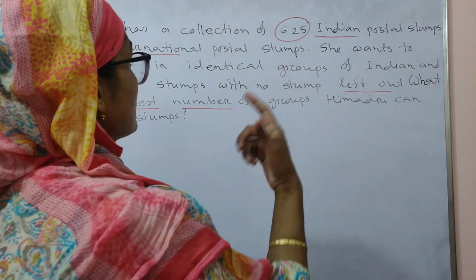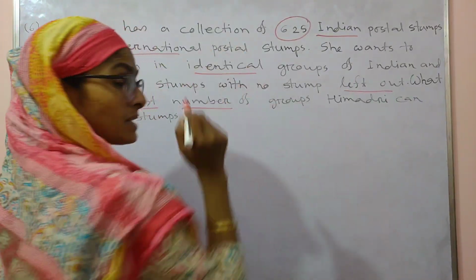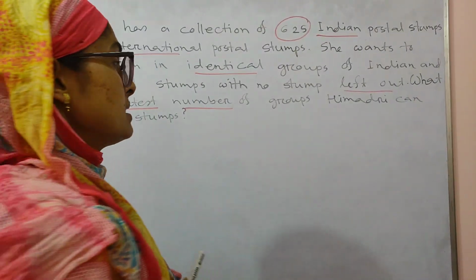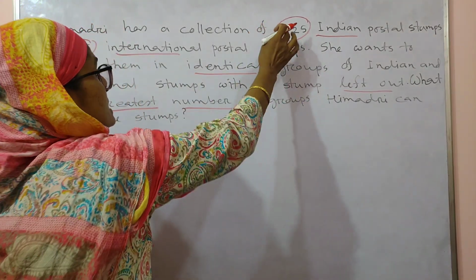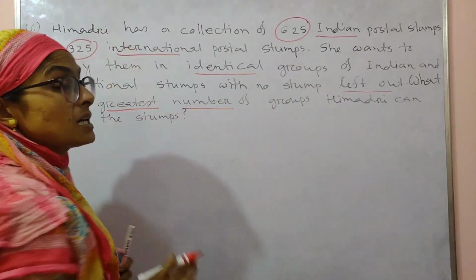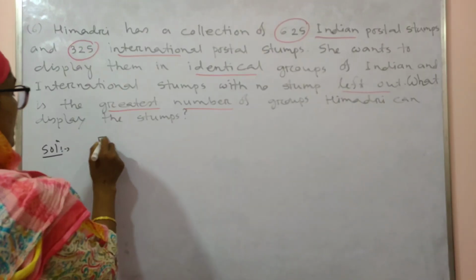Here, identical groups. So you have to find the greatest number, that means the HCF of 625 and 325. Write down the solution.